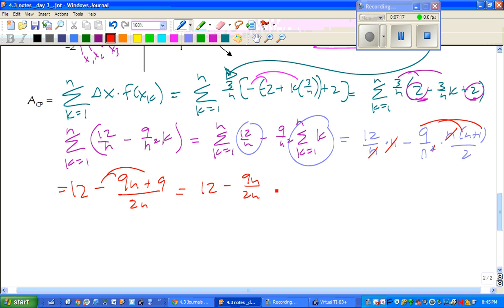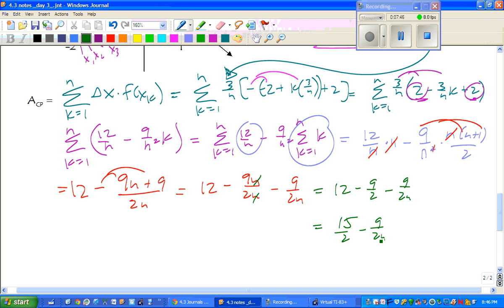Distribute that minus. So we have minus 9 over 2n. Here, n's cancel out. So we have 12 minus 9 halves minus 9 over 2n. So if we do 12 minus 9 halves, we just end up getting 15 halves minus 9 over 2n.